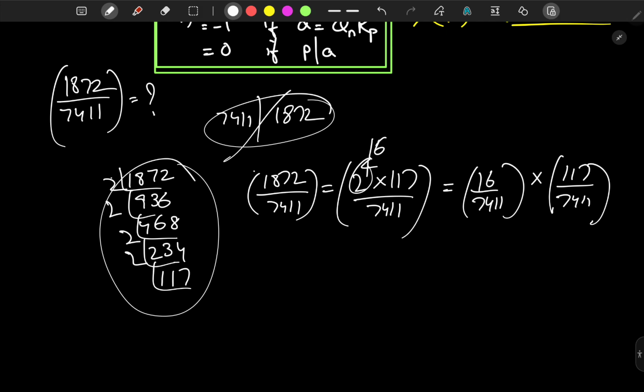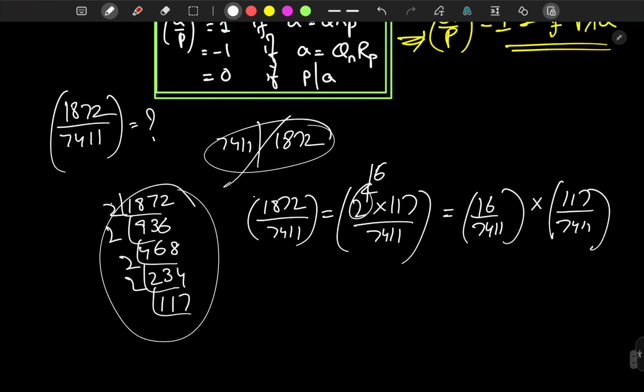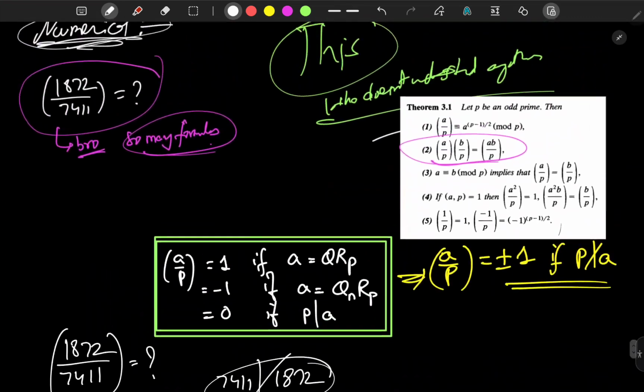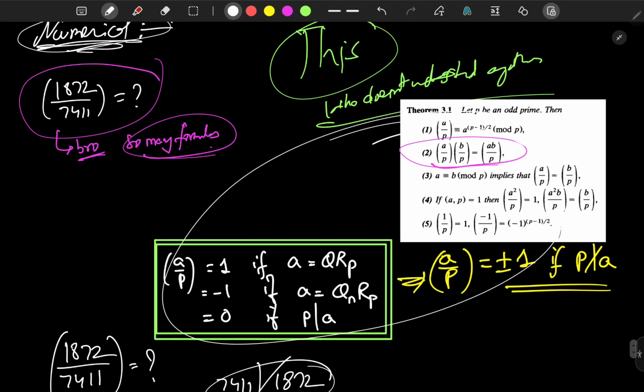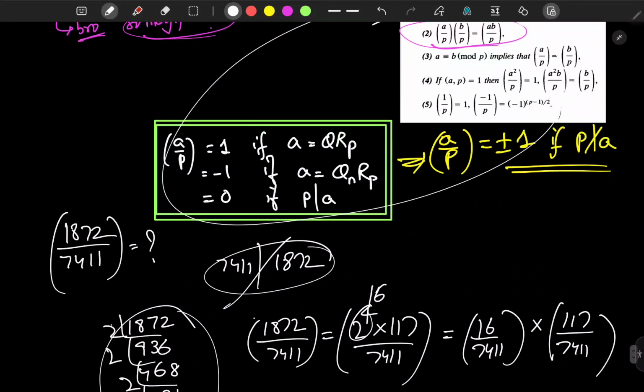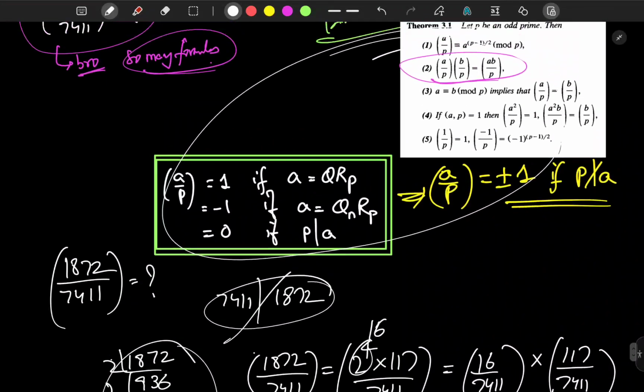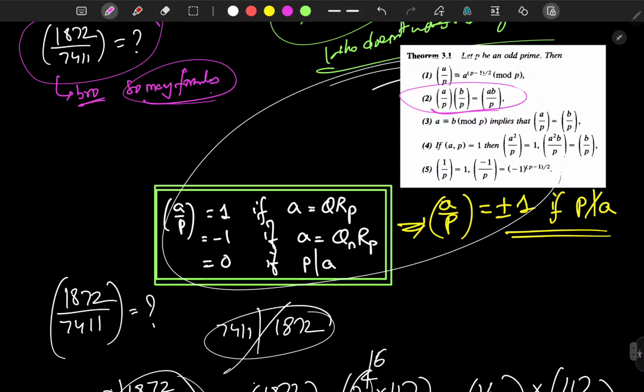After writing this, what to do next? Just observe these properties and you may get some idea. This can be extended to any number now.